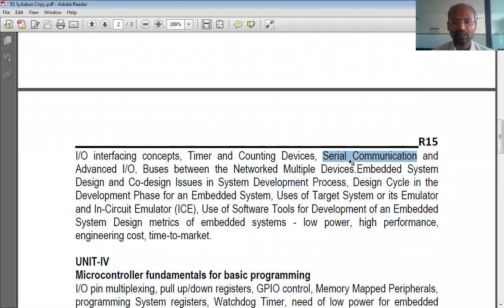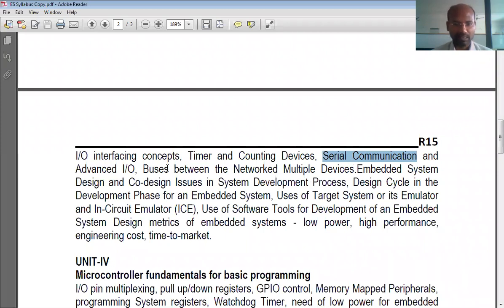We can use any of them to establish the communication between the microcontroller or embedded system and your computer. Serial communication is essentially transferring data from one embedded system to another. It can be a computer or another embedded system.